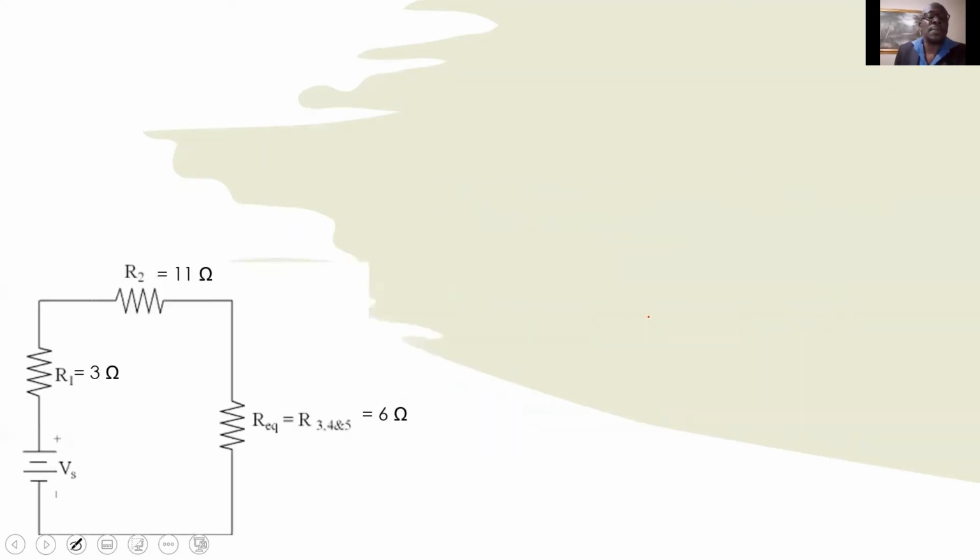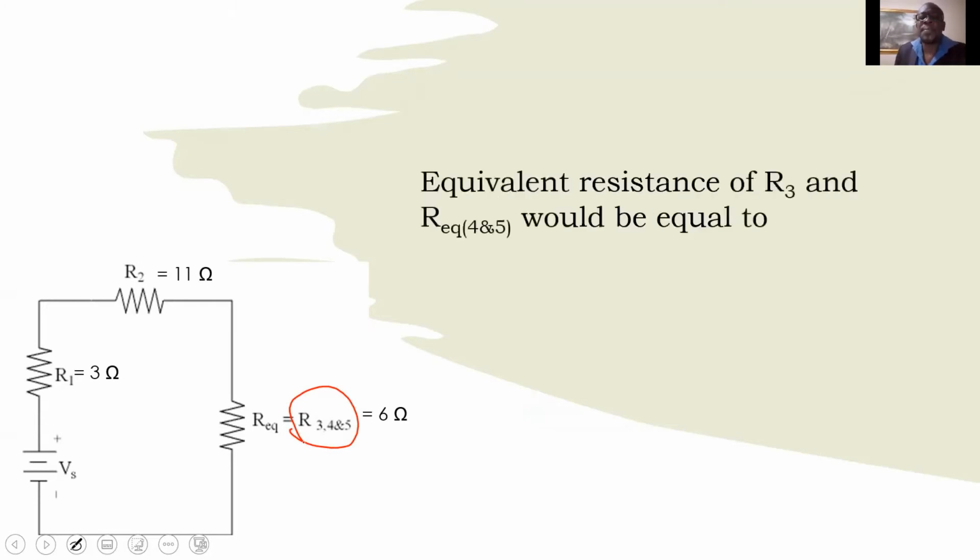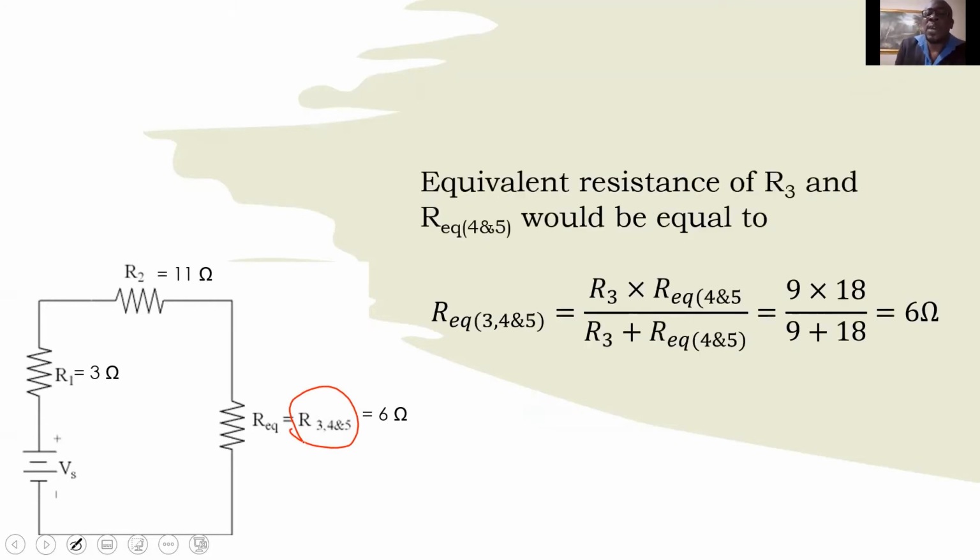Next, we have the equivalent resistance of R3, R4, and R5 being equal to 6 ohms because we would have the equivalent resistance of R4 and R5, which is 18, being in parallel with R3.